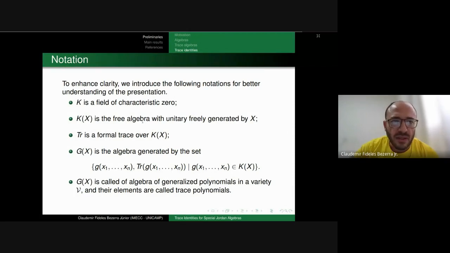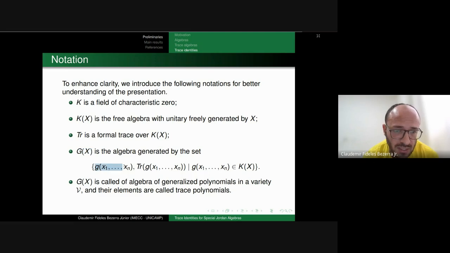I need some notations for my talk. K here is a field of characteristic 0. The symbol is the free unitary algebra freely generated by X. Here, TR is a formal trace over the free algebra, and the symbol is the algebra generated by this set.